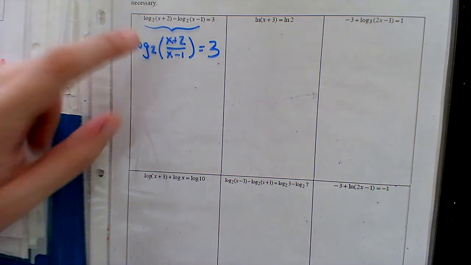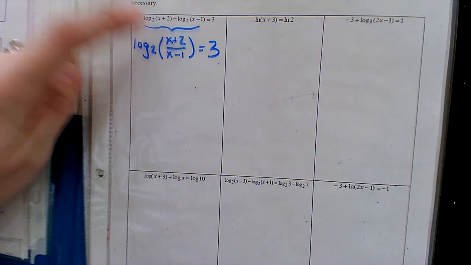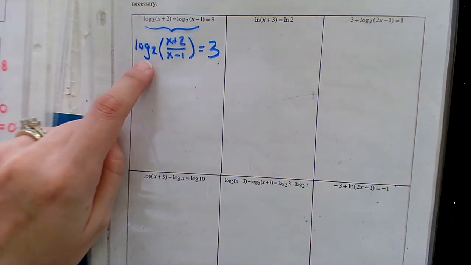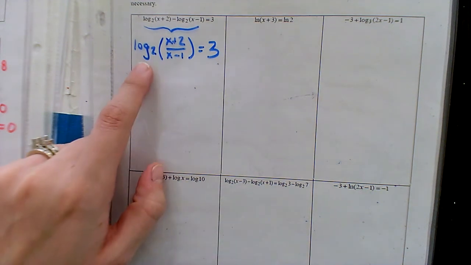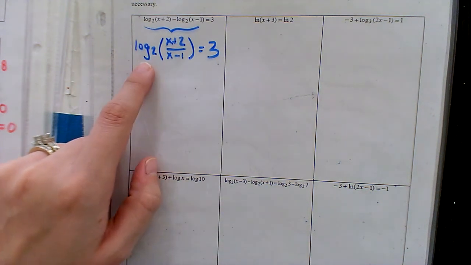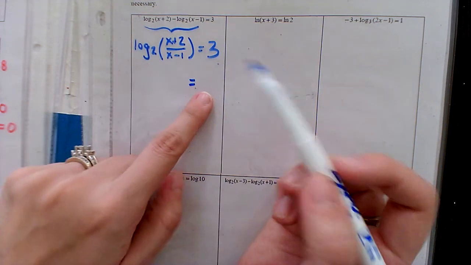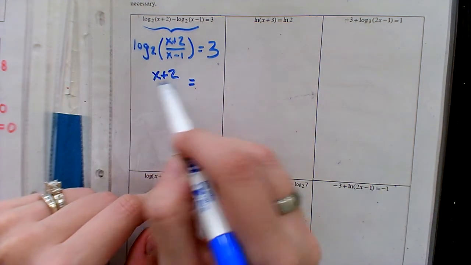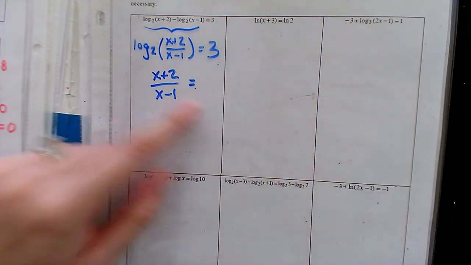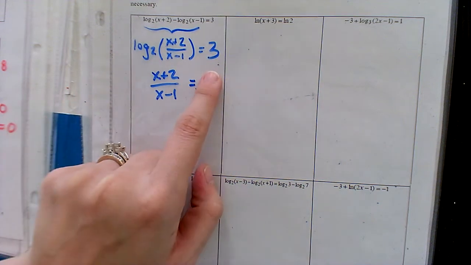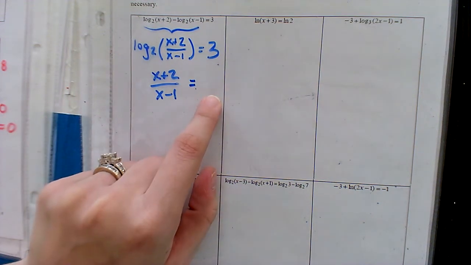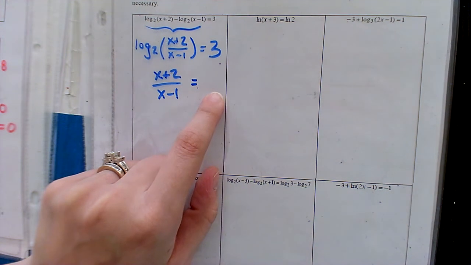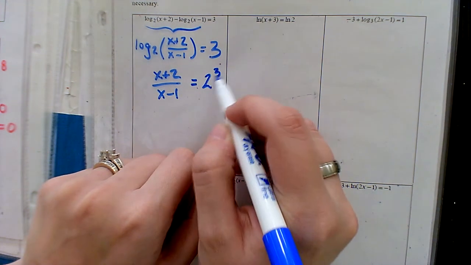So, in your head, if you wanted to get these x's all by themselves, you're used to moving things over to the other side of an equation using an inverse operation. If we want to move this log with a base of 2 to the other side, that way we can get the x plus 2 over x minus 1 all by itself, what do you think the log would turn into when we move it to the other side? 2 to the power of 3.